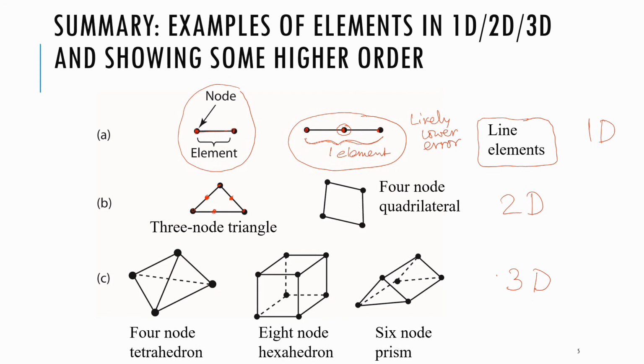One could think that, instead of making it a 3-noded element, I can also make 2 elements, meaning I can make the element smaller. So now this is 2 elements. That should also help.